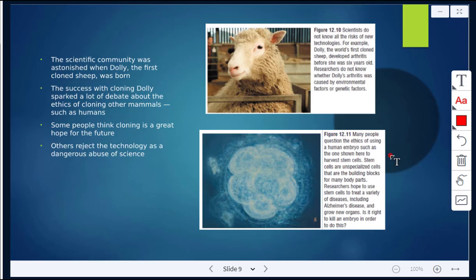These stem cells are unspecialized cells that are the building blocks for many body parts. So researchers are hoping to use these stem cells to treat a variety of diseases like Alzheimer's disease and maybe even grow new organs. But is it right? Is it ethical to kill an embryo in order to do this?